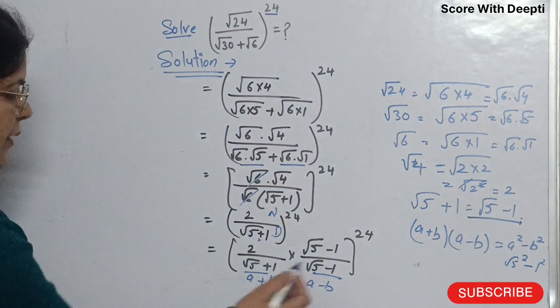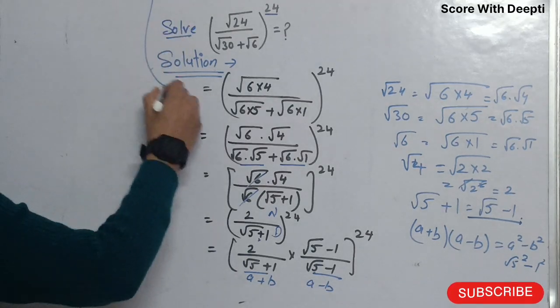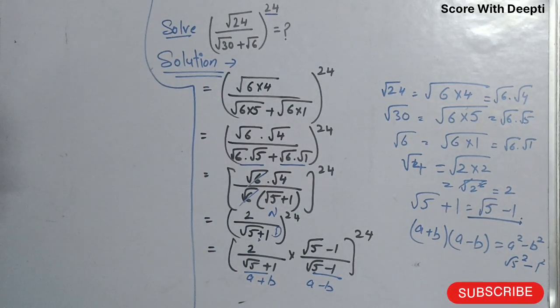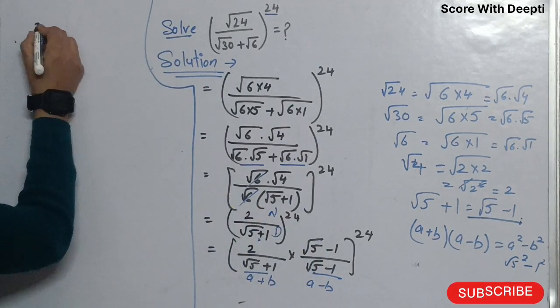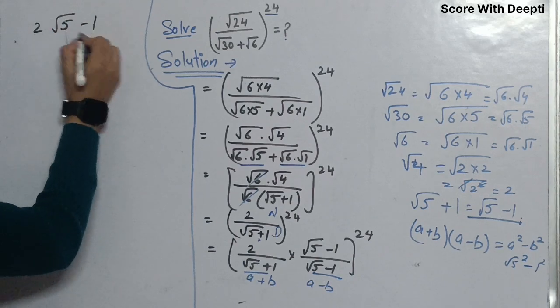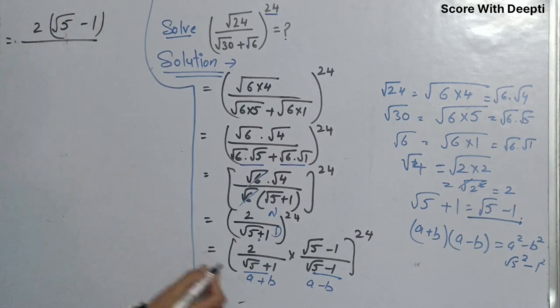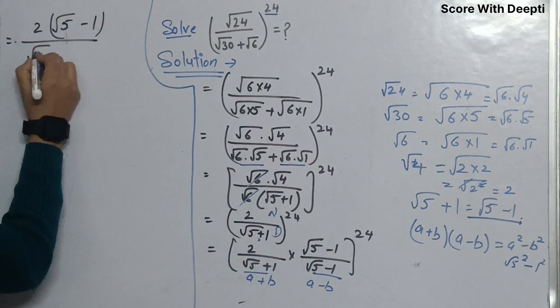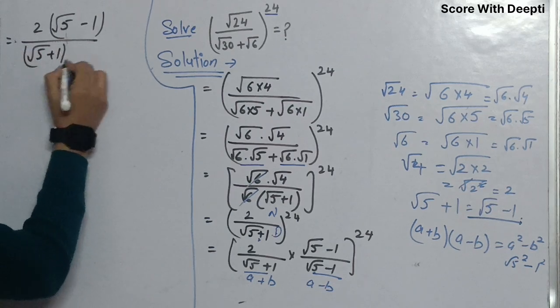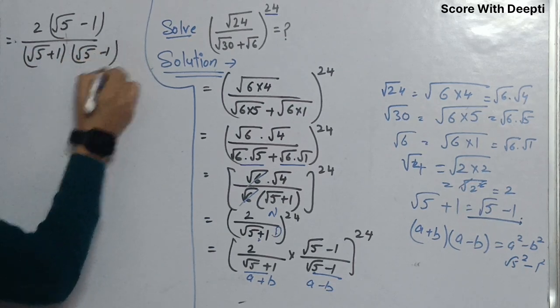Our next step is multiplication. Here we solve this question. First we write 2 into square root 5 minus 1 over the multiplication of these two, square root 5 plus 1 into square root 5 minus 1.